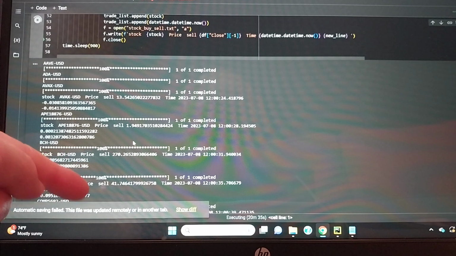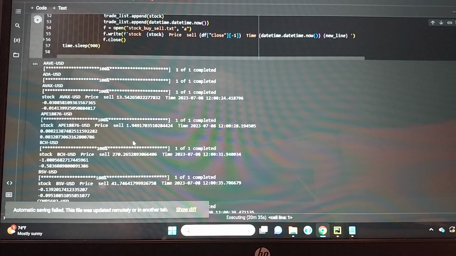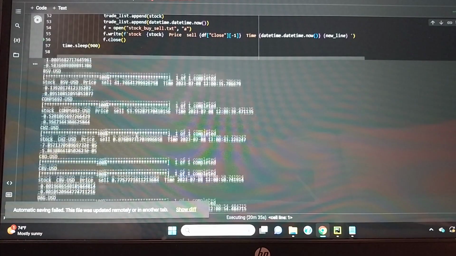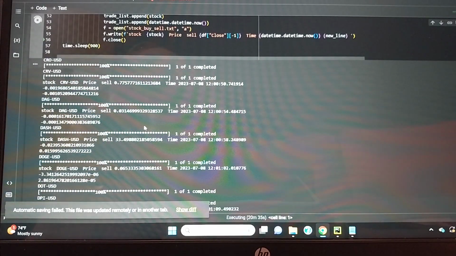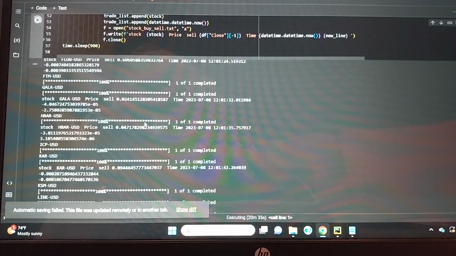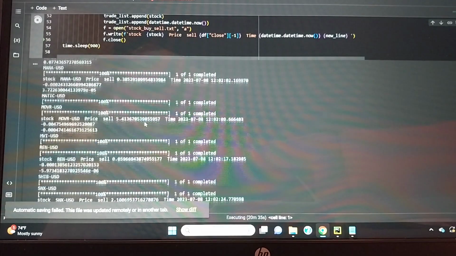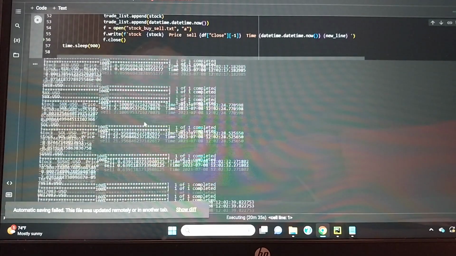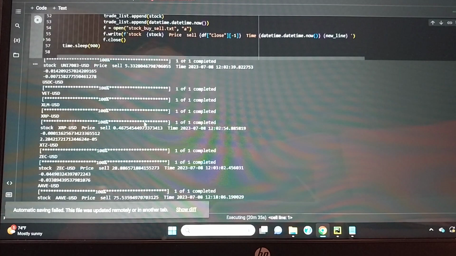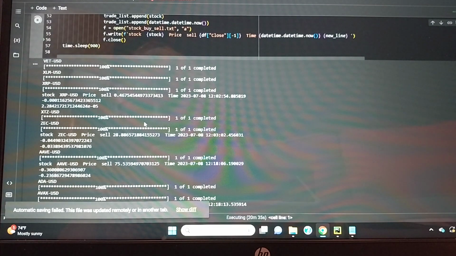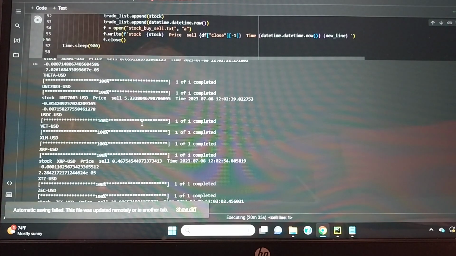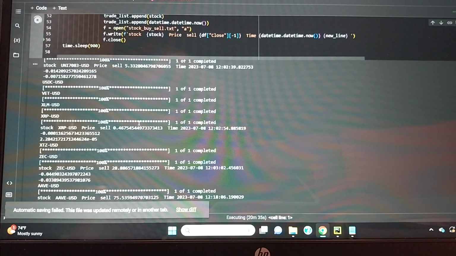Obviously, all these stocks are going down. And ZEC is, let's see if we can go down here, find ZEC. It is not on that list.